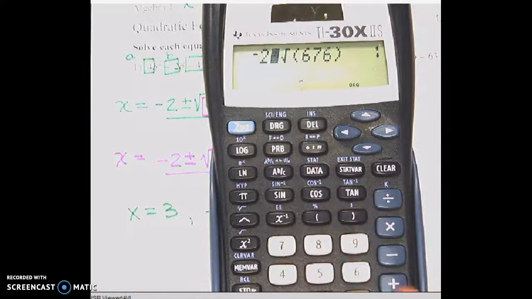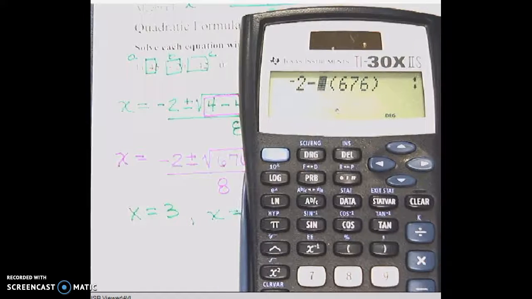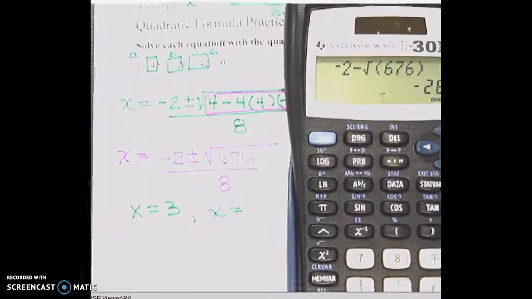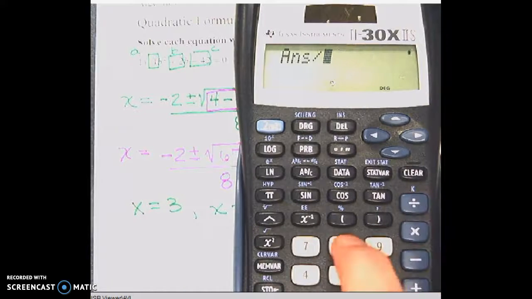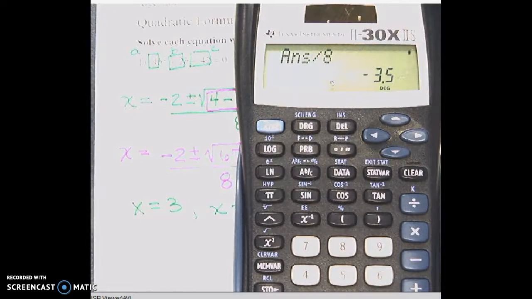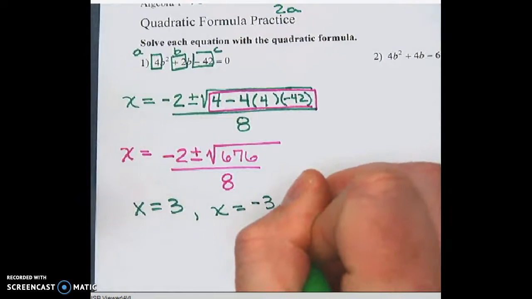That just lets you overwrite anything you're on. Hit enter, and now I'm to that part. Now I have to just divide by 8 again. So don't forget that last divide by 8. And I get negative 3.5. So my two answers are 3 and negative 3.5.